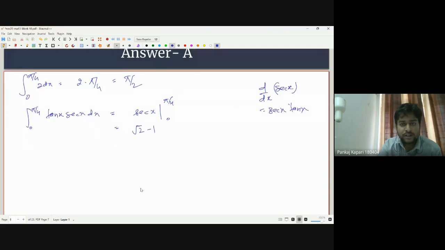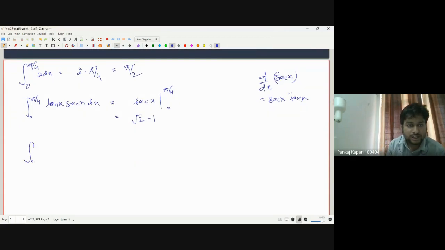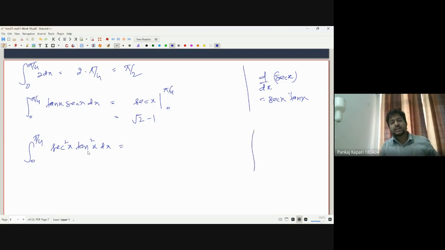Now we have to find the third integral. It's the integral from 0 to pi by 4 of sec square x tan square x dx. To find this integral, you can do a change of variable. You can see that the derivative of tan x is sec square x, right?